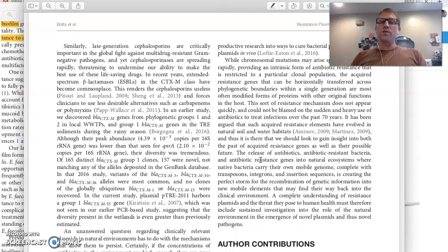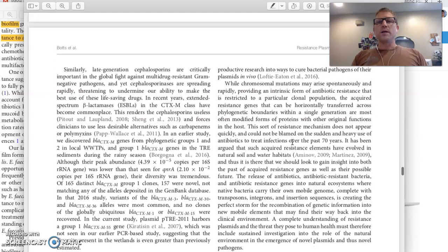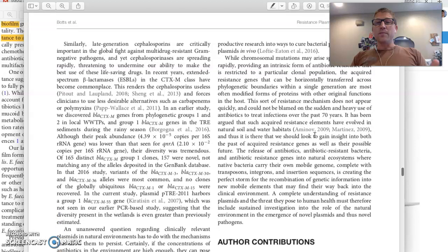There's no separate conclusions, so we can expect this last paragraph to be a little more pie in the sky, a little more big picture of, okay, let's get back to the really big picture, and how do our new results speak into our big picture understanding of the problem of antibiotic resistance. So they remind us that chromosomal mutations can arise, but that horizontally transferred resistance genes through conjugation are likely to be even more important.